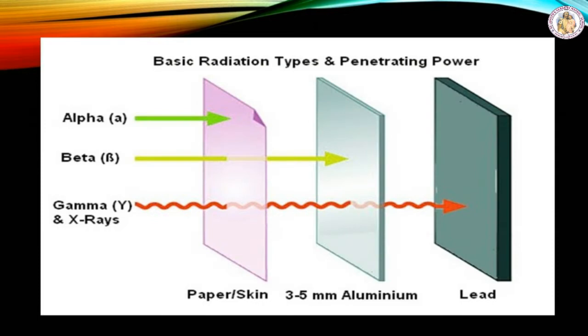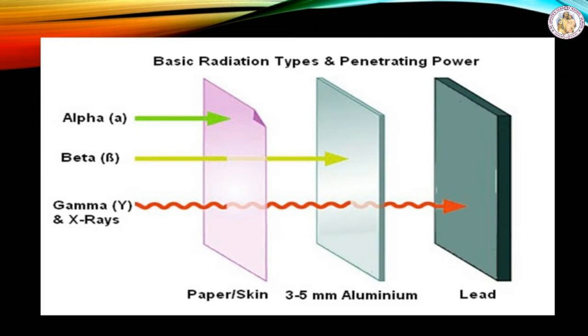Definition of radioactivity. The nucleus of some elements is unstable. We already learned about stable and unstable electronic configuration in class 9. A stable electronic configuration has 8 electrons in the outermost shell. If there are fewer than 8 electrons, it is called an unstable electronic configuration.